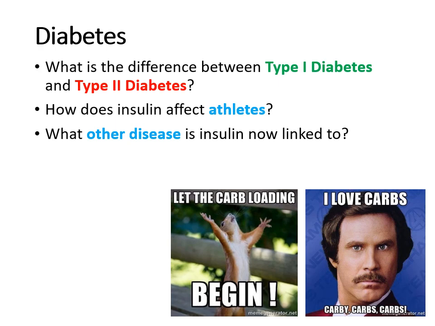An area where you see insulin affecting everyday life is also in athletes. And so when it comes to athletes, they have to be very careful about their diets, the day before their sports event and the morning of especially.